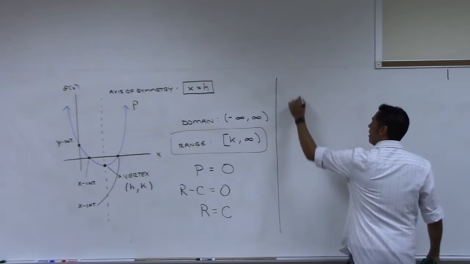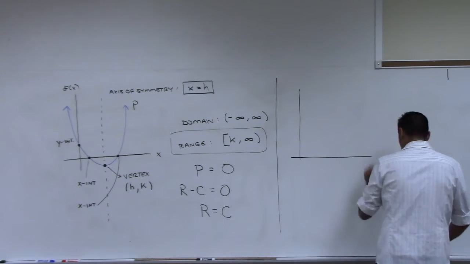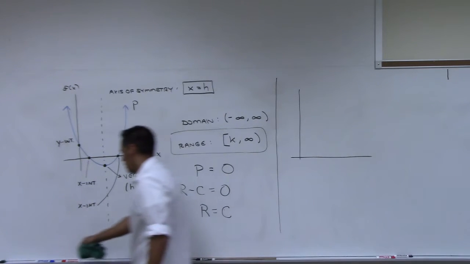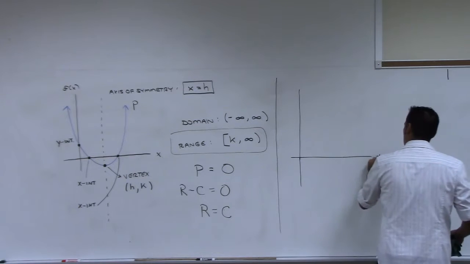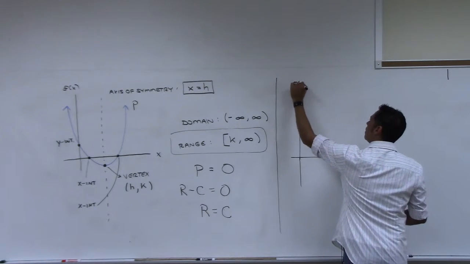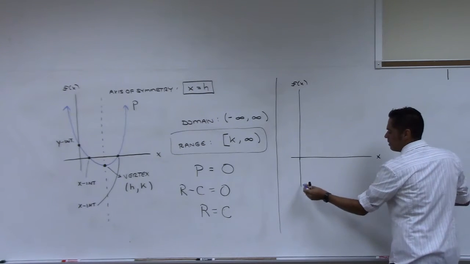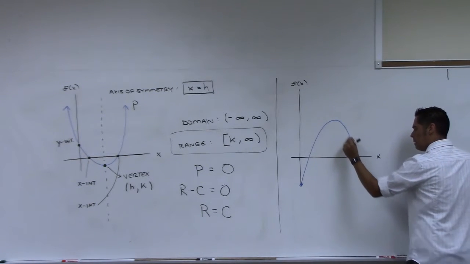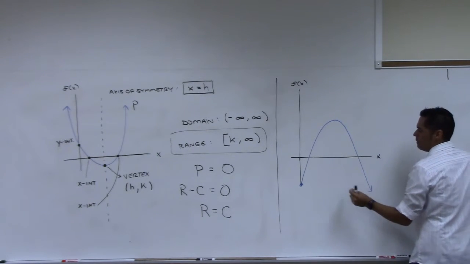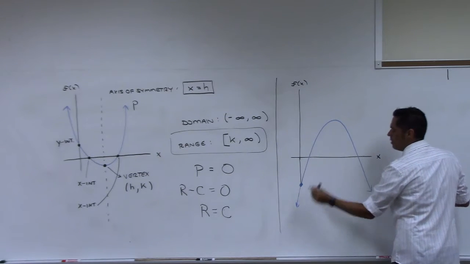All right, so what if we have a picture like this? And this one, I'm going to make look a little bit more like real life. If this is x, this is f of x. And I draw a function that looks like this. Now the parabola is going to continue here like that.